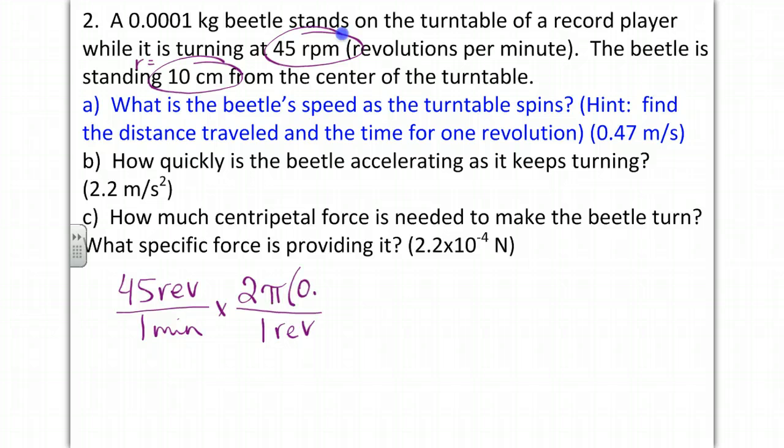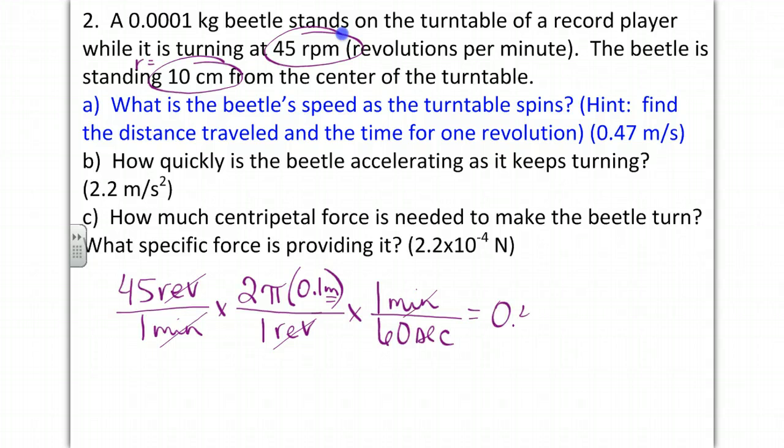We're going to change r to meters, so that's going to be 0.1 meters. This is going to cancel revolutions and give us meters at the top. We're going to bring up minutes and go to 60 seconds. So we'll cancel minute, and this is equal to 0.47 meters per second, and that is our velocity.